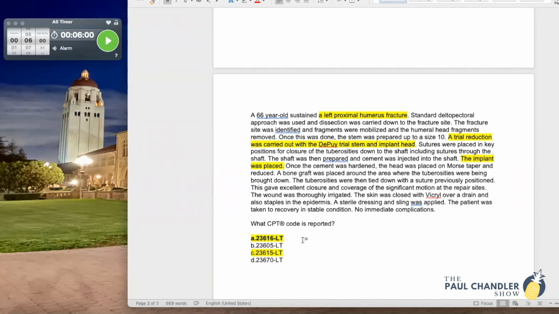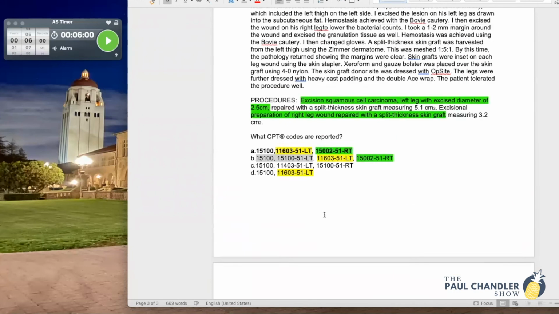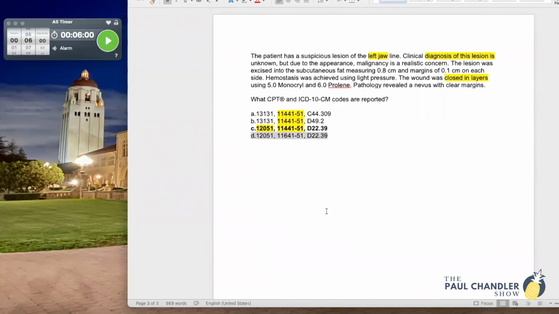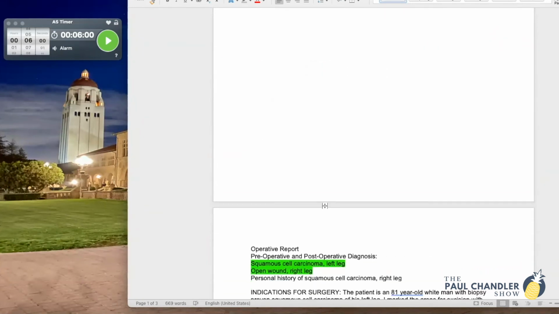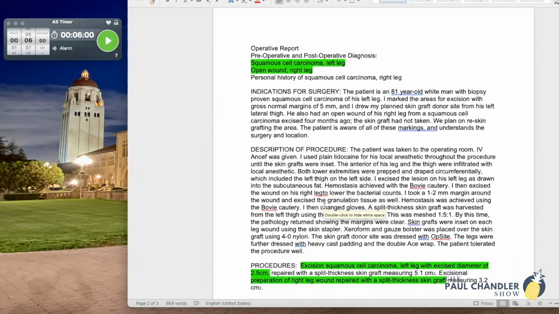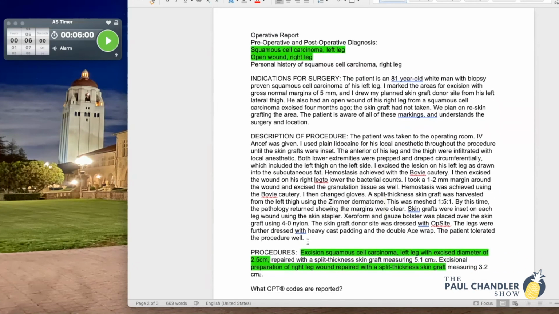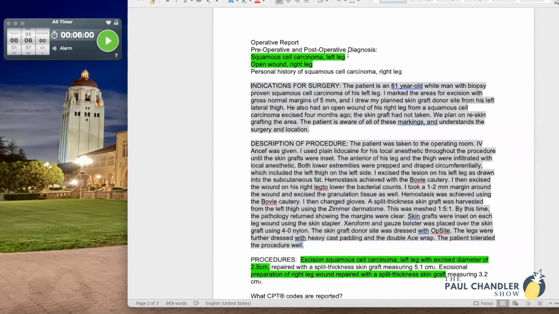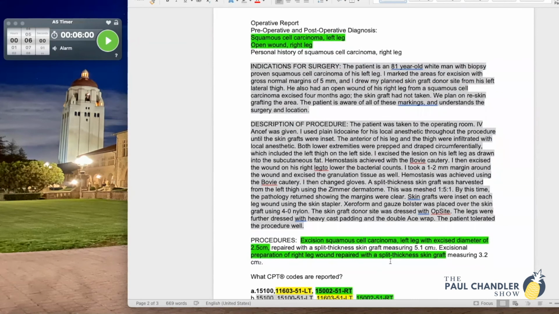So you can see that, with these cases, the first question was 5 lines, just a paragraph. The second one was a big op report, and I'll admit during that op report, I have absolutely no clue what it says. Didn't look at it at all. I just looked at the pre and post-op diagnosis, the locations, and the procedures at the bottom.